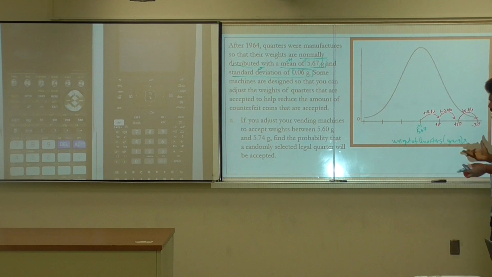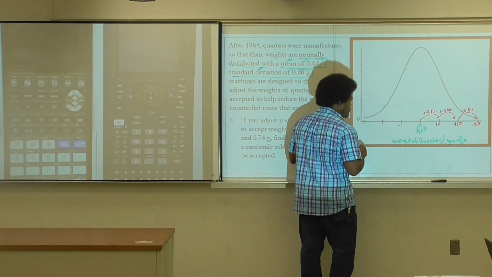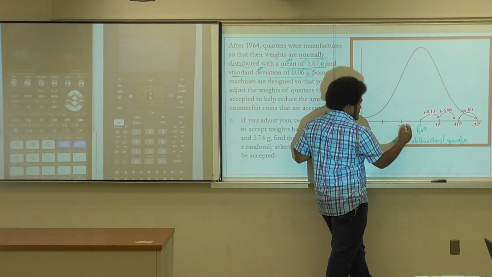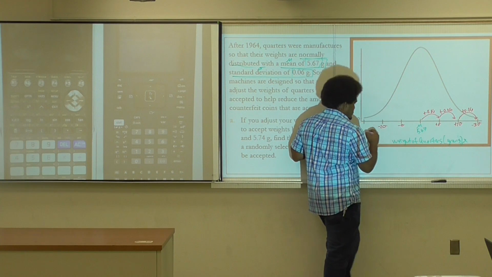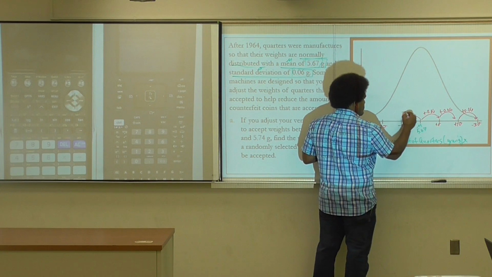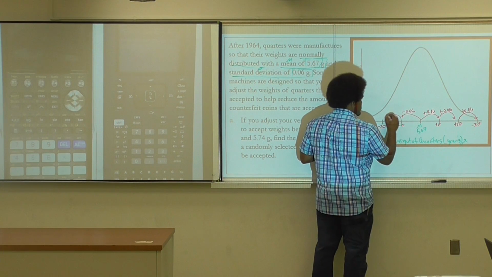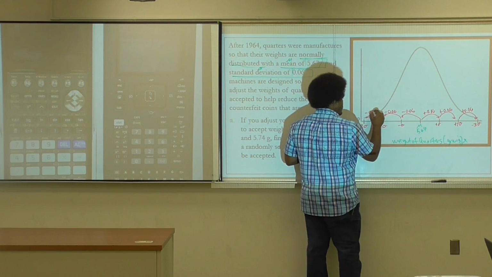You can do this by hand with quick calculations on your calculator, or you can do it using the z-scores, which I'm going to do. Over here is -1 standard deviation, over here -2, over here -3. Similar idea: -0.06, -0.06, -0.06.